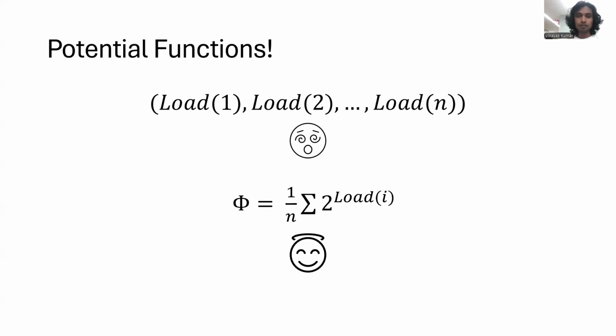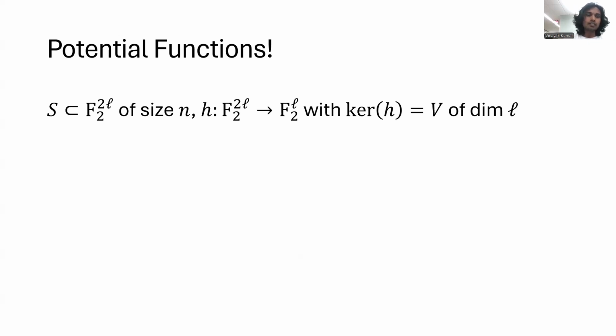So let's be more formal about this. Let's say I have some arbitrary set S of size n, and I want to find some hash function h that equally partitions S. Let V be the kernel of h.